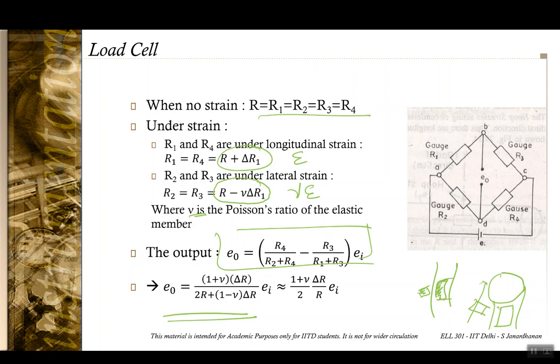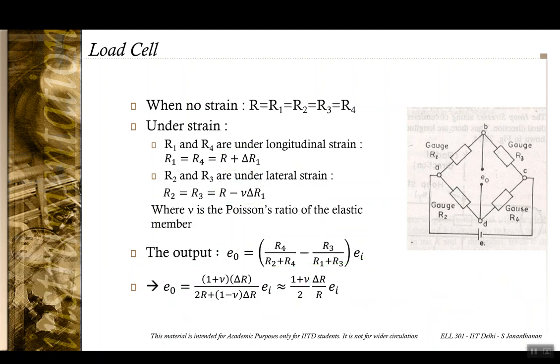However, we know that delta R by R is going to be a very small quantity, so this gets approximated to (1 plus mu) by 2 times delta R by R times EI, or (1 plus mu) by 2 times GF epsilon times EI.